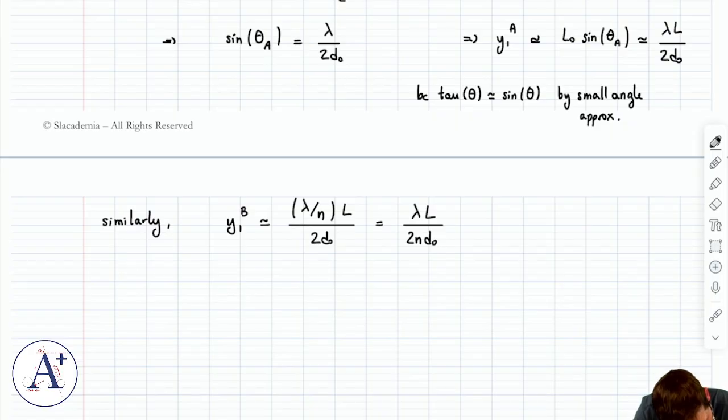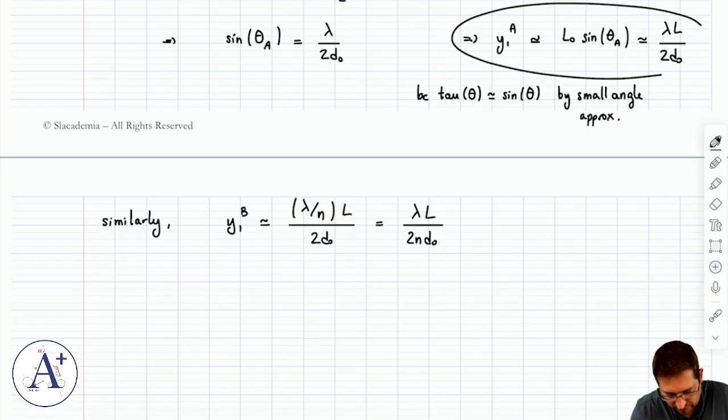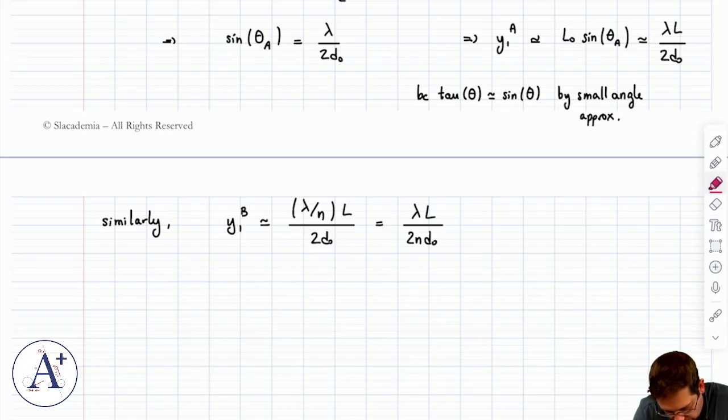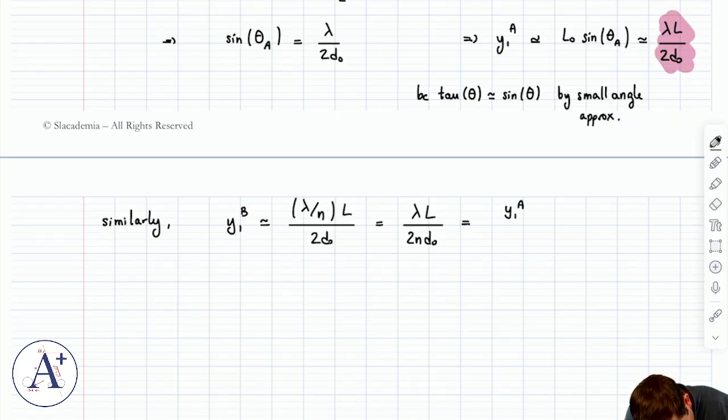Well, I can do that. I know what this is, and I know what this is. There's a few ways to do this. I could divide this by this, and I would get a bunch of simplification. Or I can say that lambda L0 over 2d0, which is this, is really just y1a, isn't it? So it appears that what I'm looking at is y1a divided by n, effectively, which means that n is going to be y1a over y1b.